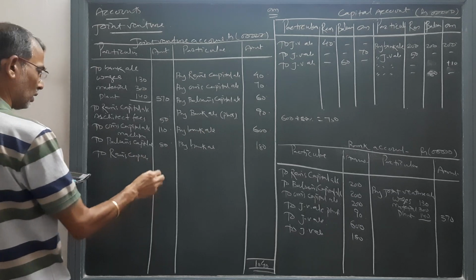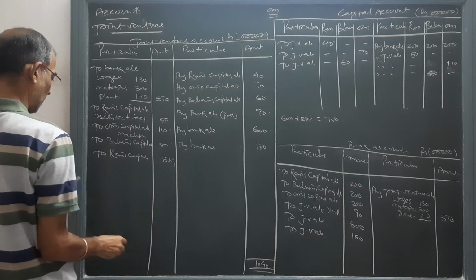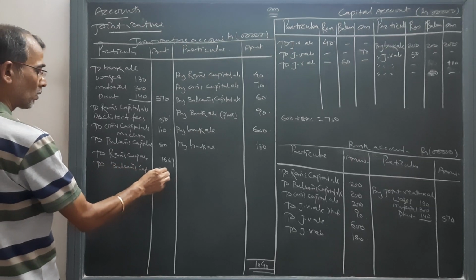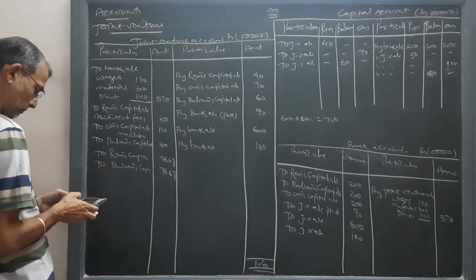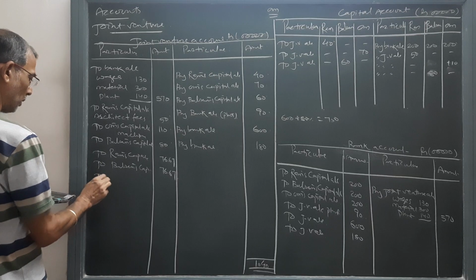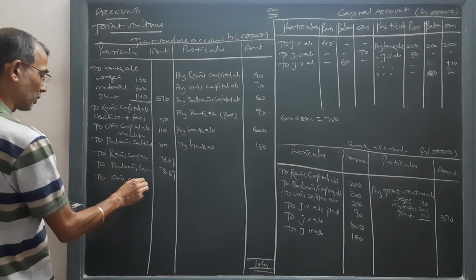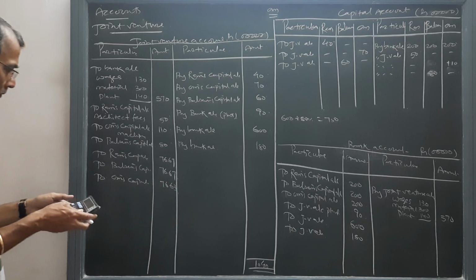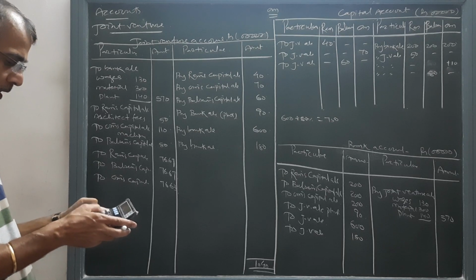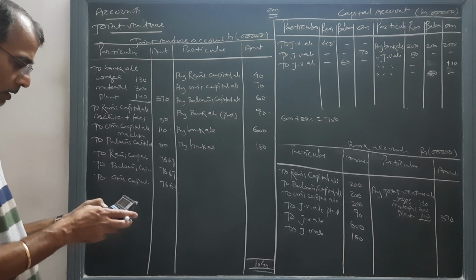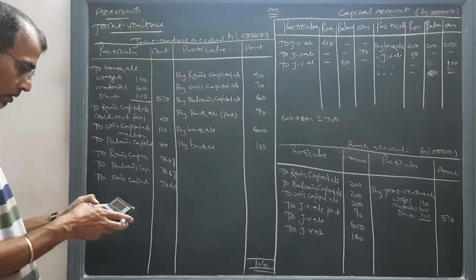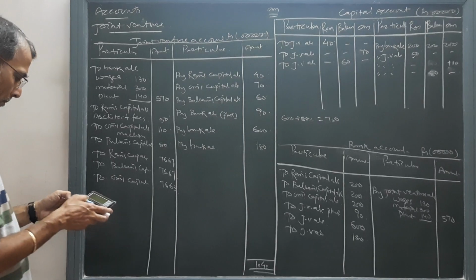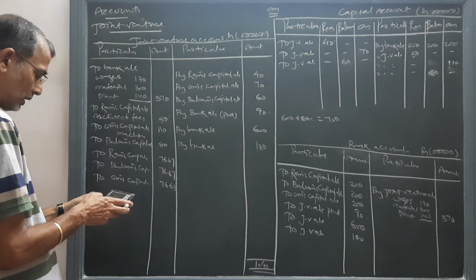Ram's capital account 76.67, to Balram's capital account, to Om's capital account 76.67 plus 70. 230 minus 76.67.